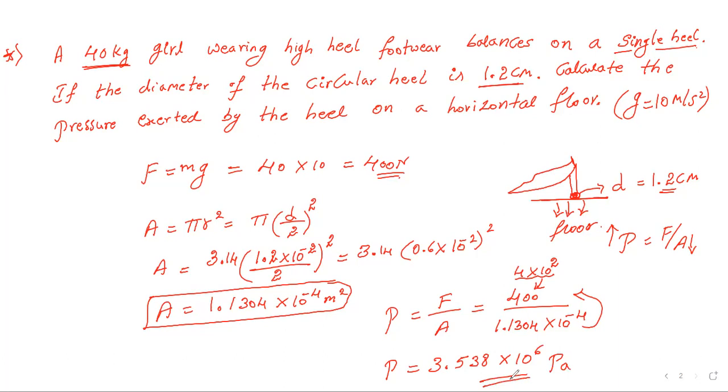So it's a very great pressure. Correct? 10 power plus 6 Pascal. So that much pressure is acting on the floor because of the heel. As the weight of the girl increases, then more pressure will act on the floor.